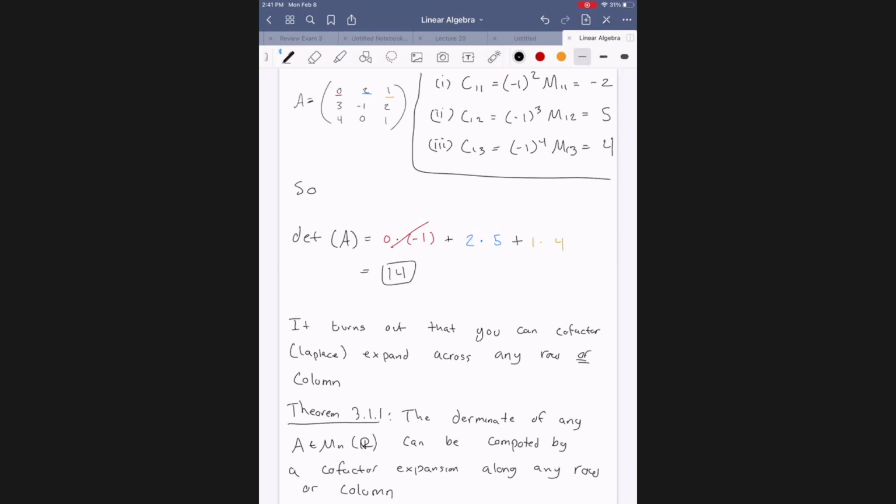Okay, so you just do the exact same thing that we did there. You just do the minors along the row or the column, right? That's all you do.